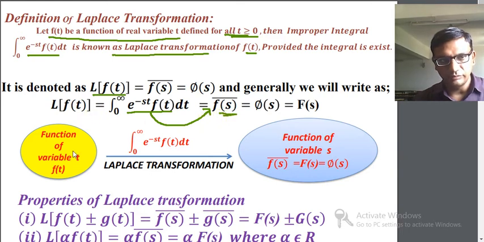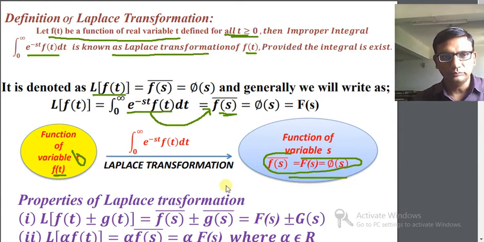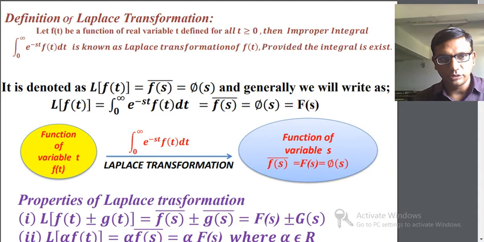So it is a type of transformation from a function of t variable to a function of s variable. Here our input is f(t), in terms of t, and after applying the Laplace transformation or this integration, we get output in terms of s. That is the main concept of the Laplace transformation. Here we are converting the function of t into the function of s.